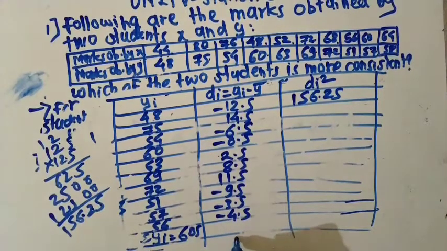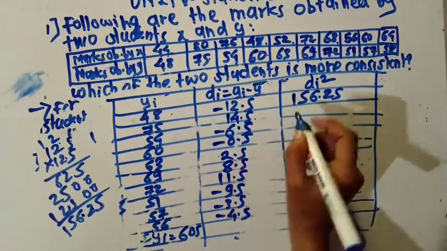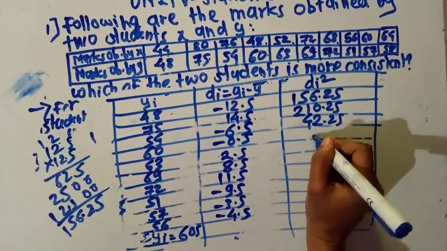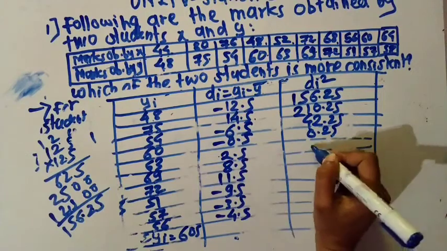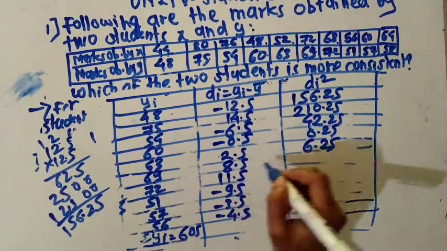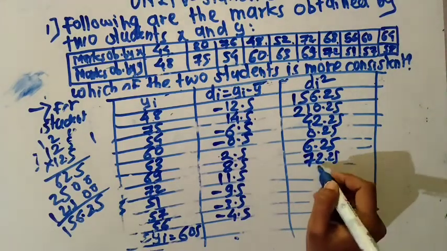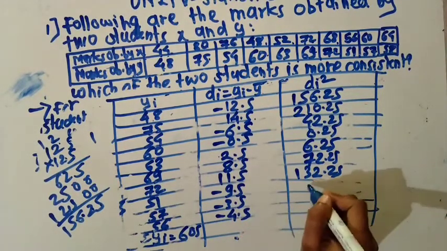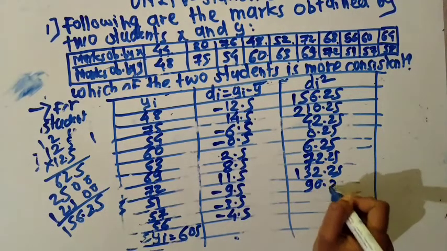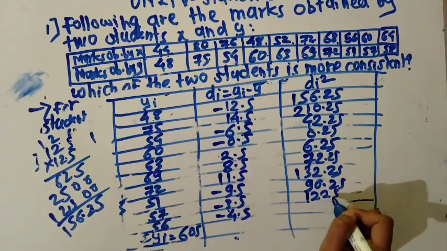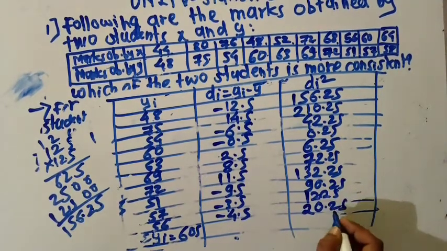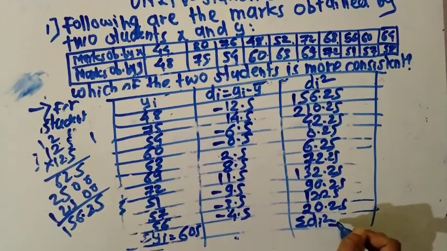Then find all these di squares: 14.5 square is 210.25, then 42.25, 0.25, 6.25, 72.25, and so on. And the summation of di square is equal to 742.5.